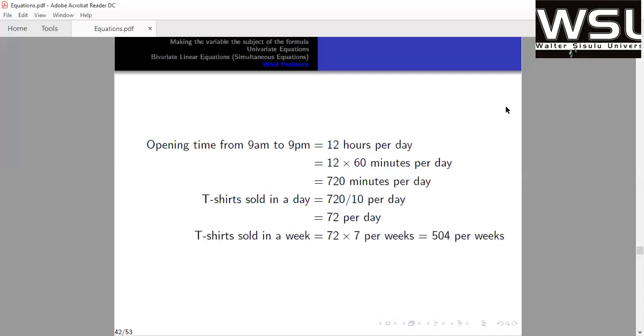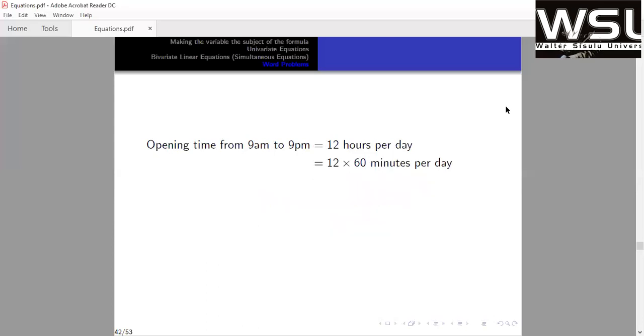But of course, per week, they would sell 504. They'll sell 504 t-shirts. Now, we need to look at the statement again.